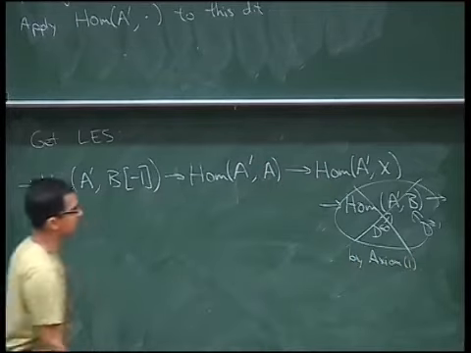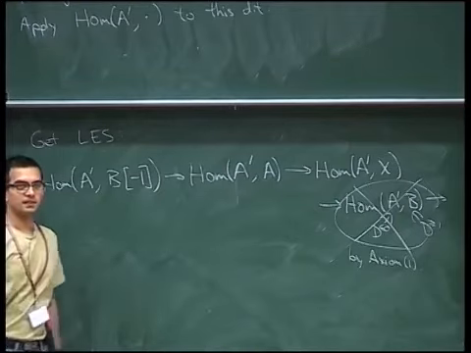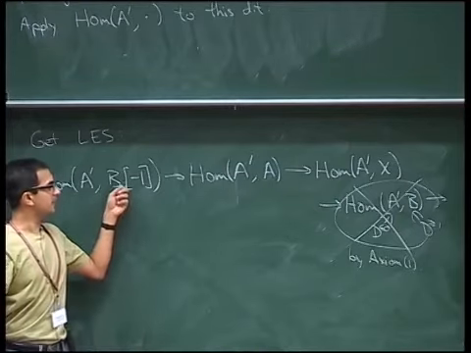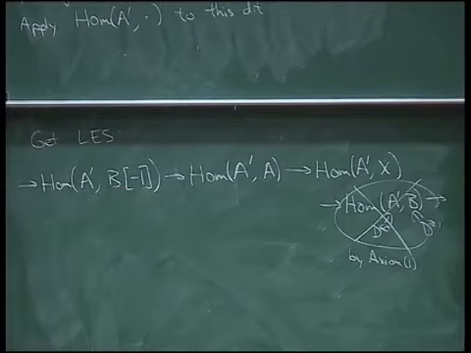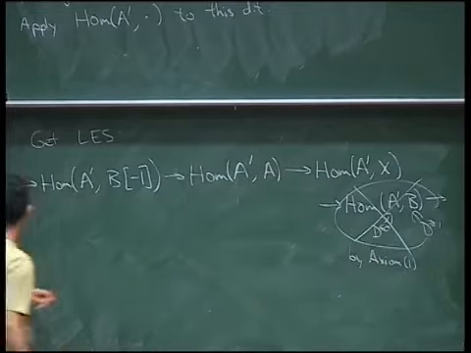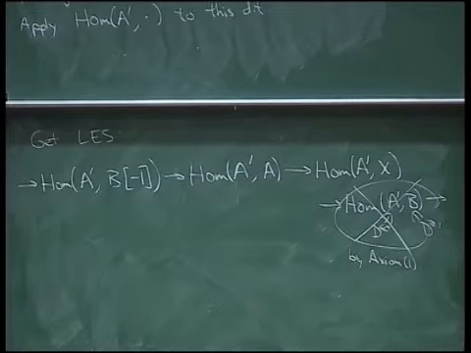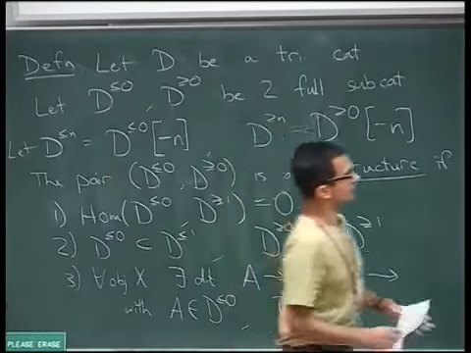What about this first term? Well, what we did was take B and shift it by -1. B started out in D greater than or equal to 1 anyway, and the definition says that when you shift by a negative number, you increase the number in the exponent.